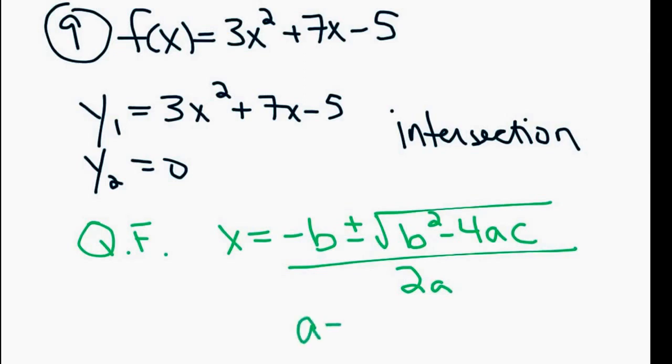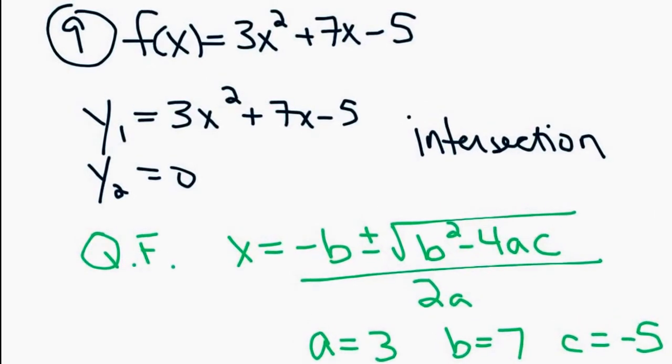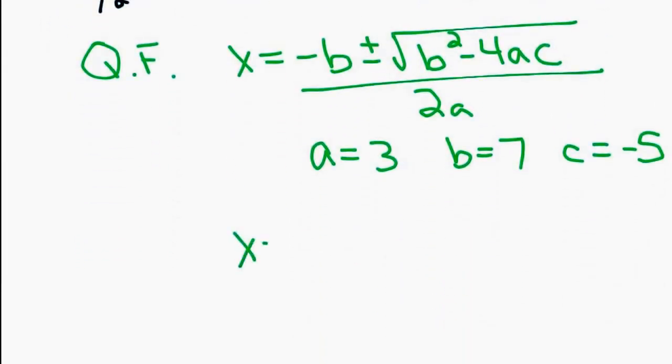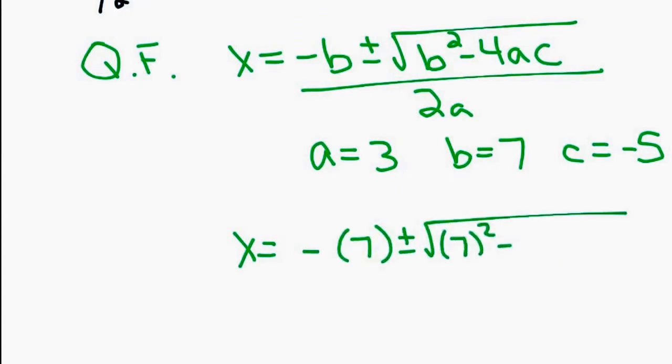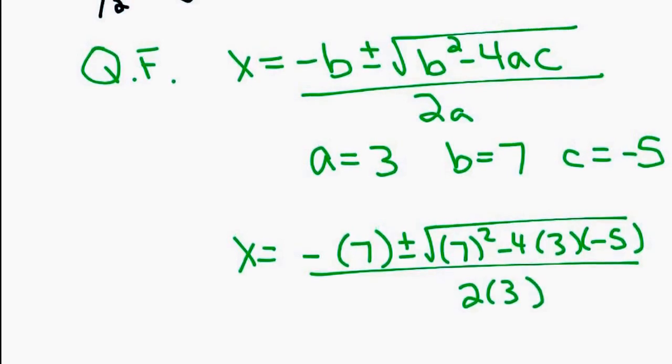So in this case, a would be 3, b would be 7, and c would be negative 5. So x is equal to negative 7 plus or minus the square root of 7 squared minus 4 times 3 times negative 5 all over 2 times 3.